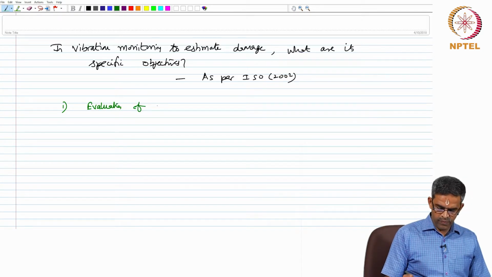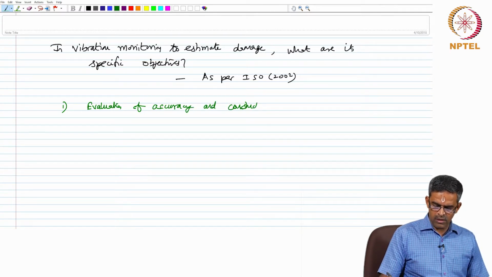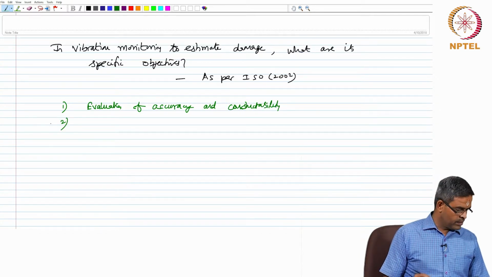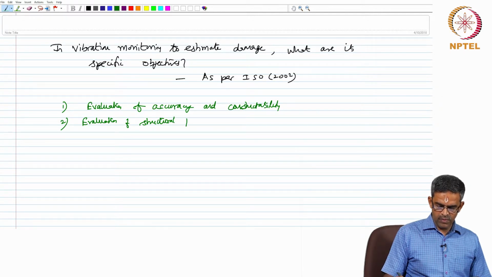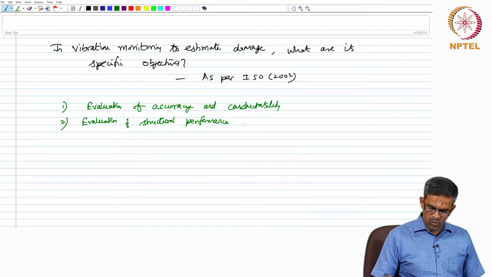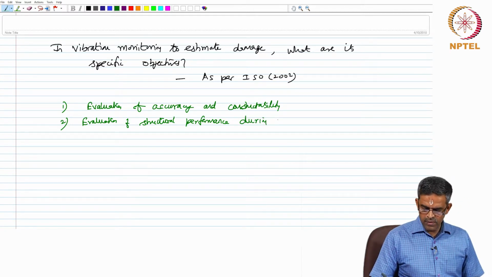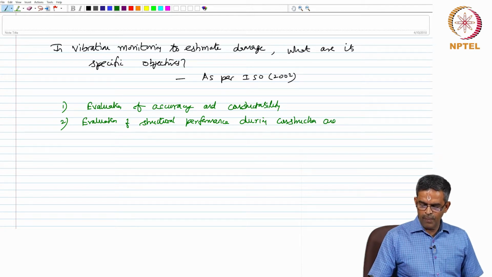evaluation of accuracy and constructability, evaluation of structural performance, during construction, and upon completion.